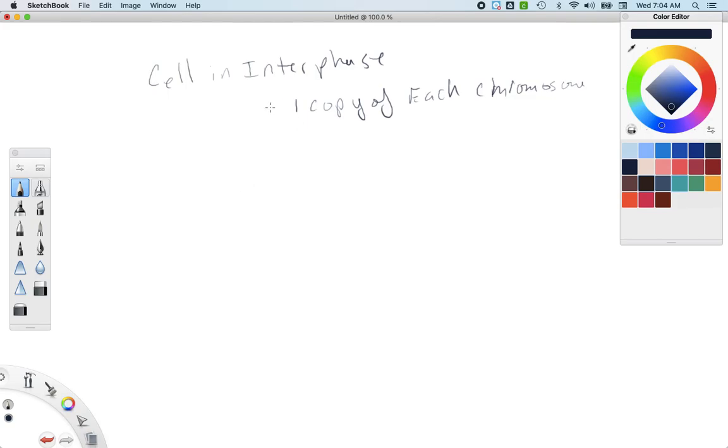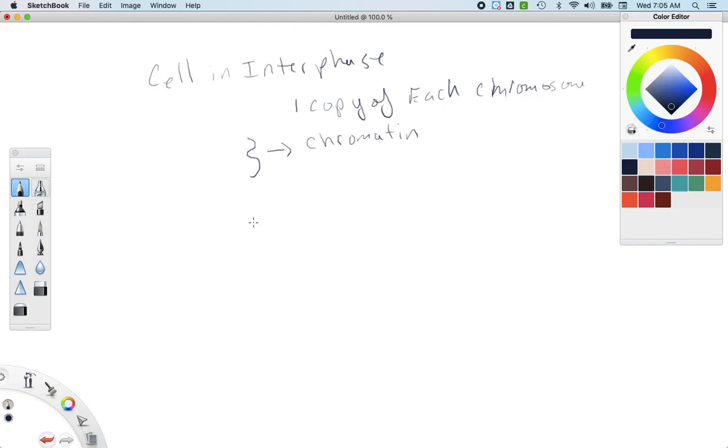So let's take an imaginary cell and say it has one chromosome. So in a cell in interphase in the nucleus, there's one chromosome. We can't see it because it's in the form of chromatin. But let's just pretend it stays in the form of a chromosome as we're going through this. So in the nucleus of this cell, we have one chromosome.